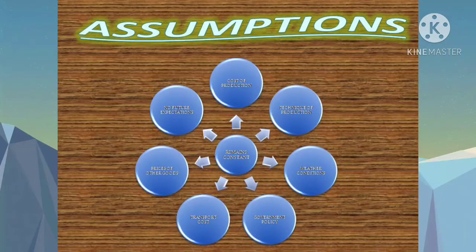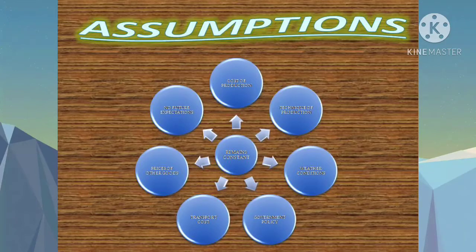Fourth, no change in government policy. Fifth, no change in transport cost. Sixth, prices of other goods remain constant. And seventh, no future expectations.